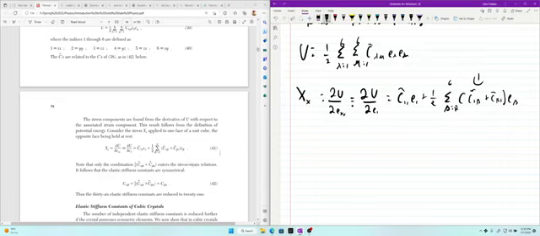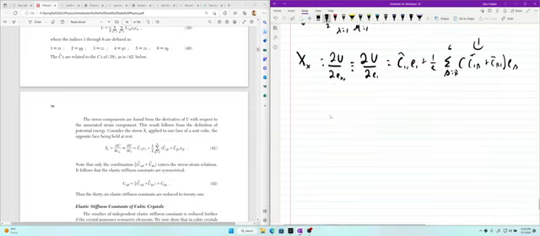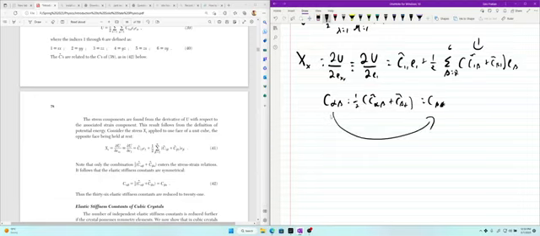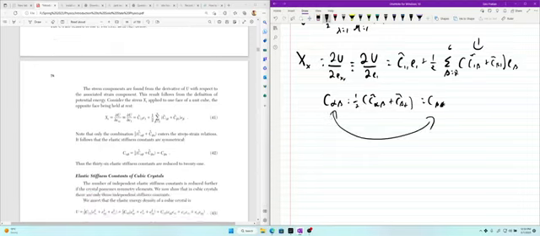It follows that the elastic stiffness constants then have to be symmetrical, such that C of alpha beta has to equal 1/2 C tilde of alpha beta plus C of beta alpha, which is just C of beta alpha. In other words, that was a lot of fancy math to say that you can swap the indices. It's the same thing. So then therefore the 36 elastic stiffness constants are reduced to 21, since we get rid of the ones that have different indices.